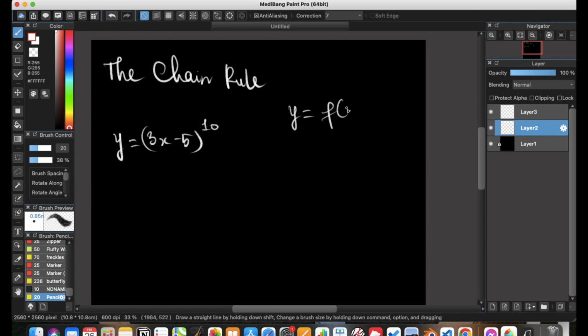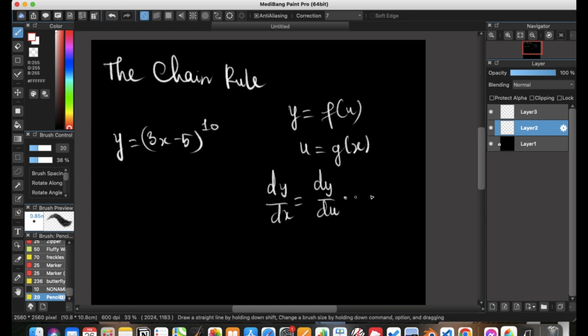So basically, when we have y equal to f of u and u equal to g of x, then let's make sure that these functions are differentiable, then we're going to have dy over dx equal to dy over du times du over dx.